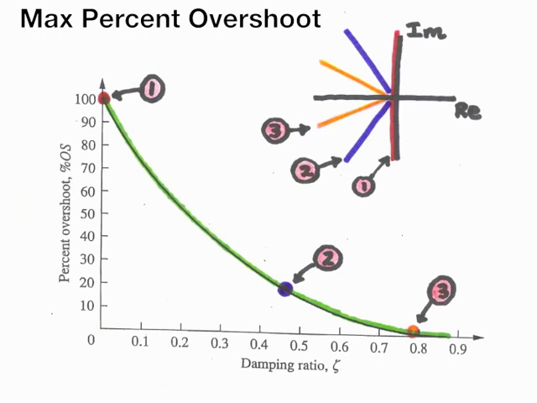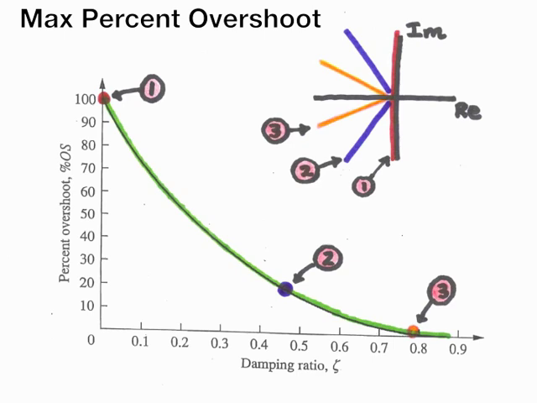Let's look at lines of constant zeta for 3 different zeta values, and then relate this to the max percent overshoot. Our first case, labeled 1, is a zeta value of 0. This is a system with no damping, and the poles are on the imaginary axis. For this case, the max percent overshoot is 100%.